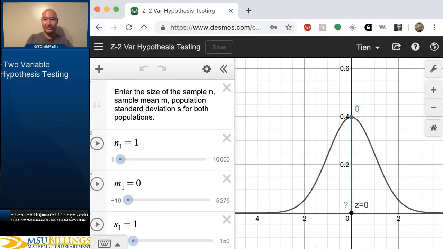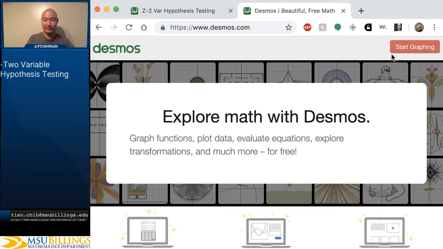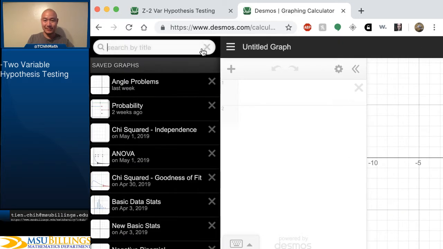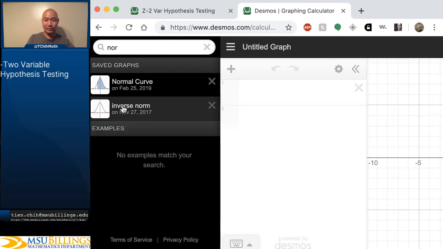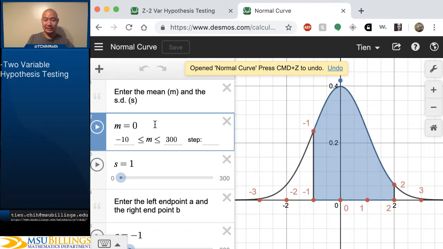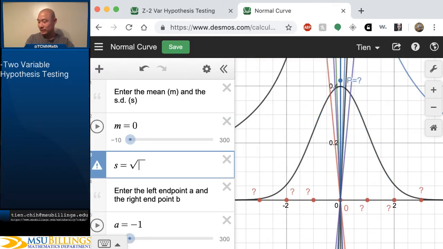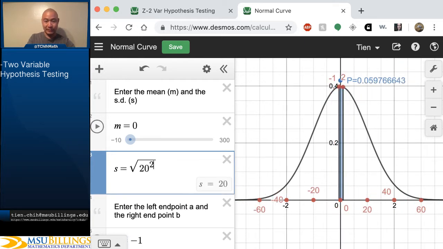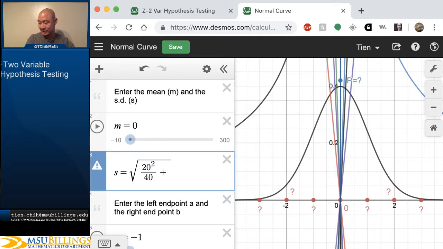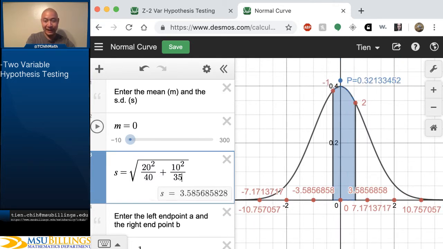Now that we have all this, it's pretty straightforward to compute that. So again, our mean is 0.